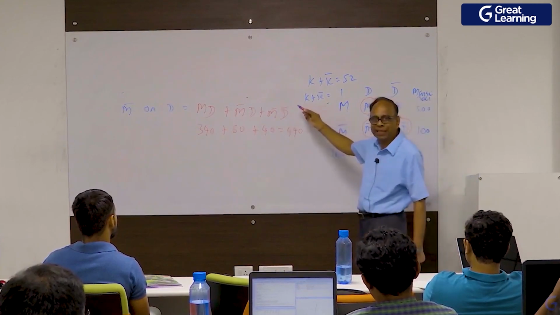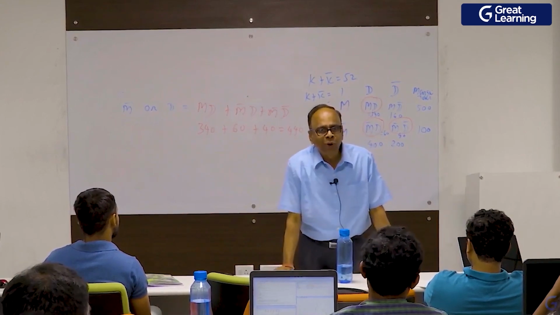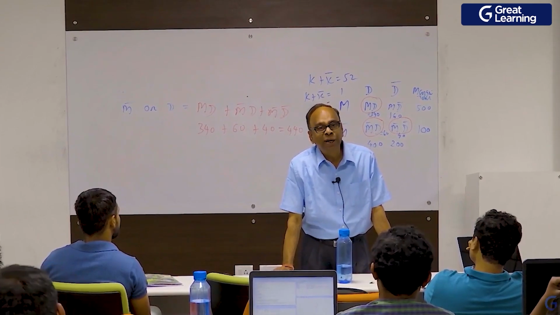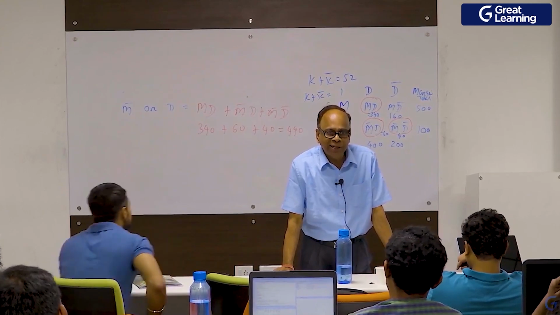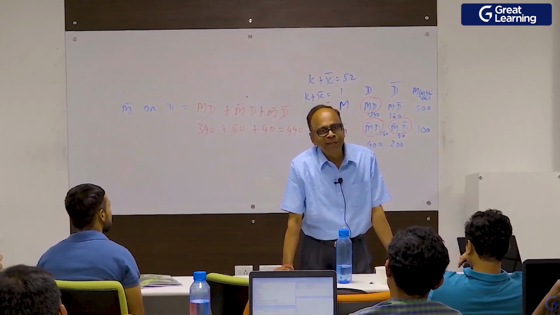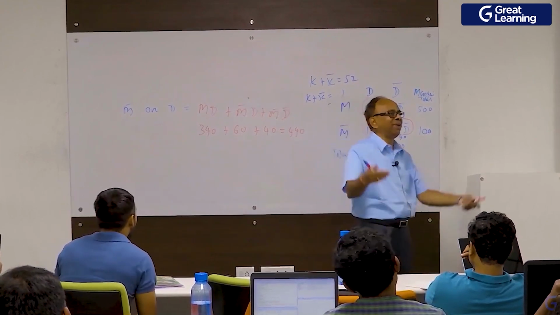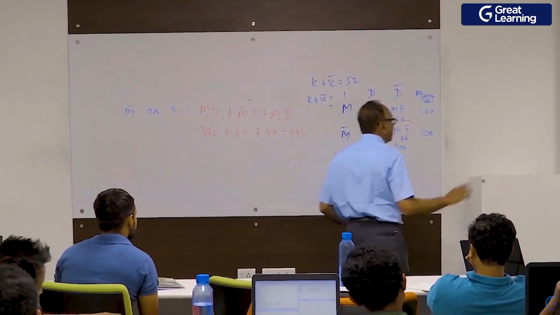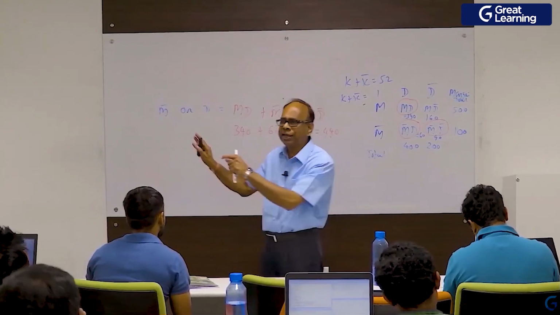Where king will be defined as 4 by 52, king bar will be defined as 48 by 52. So I can use either proportion or frequency to calculate depending upon the nature of the problem. A plus A bar is 1 if it is proportion. A plus A bar is equal to n if it is frequency. It's counting. Out of 100, it is easy for me to do some cases. That's all I'm doing. I'm not doing anything totally new. You get the point? Does it make sense to you? Any doubt you have? It is a very simple thing.